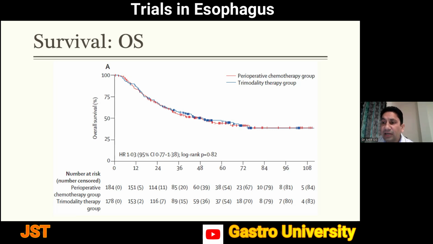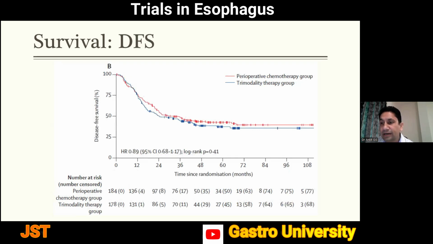The 1-year survival was 84% in the perioperative group, whereas 87% in the trimodality group, which at 3 years was 55% in the perioperative group and 57% in the trimodality group. Again, not statistically significant. Coming to secondary objectives, the disease-free survival. The median disease-free survival was 32.4 months in the perioperative chemotherapy group and 24 months in the trimodality group.